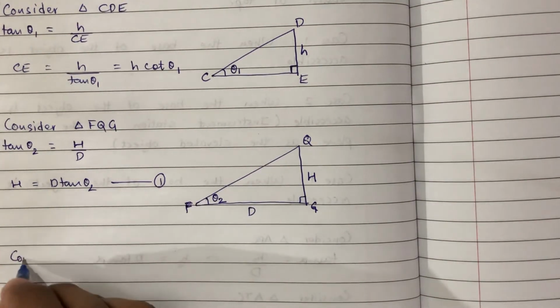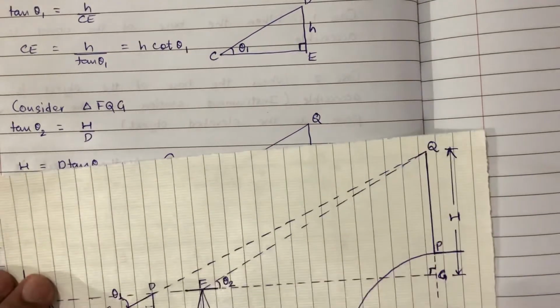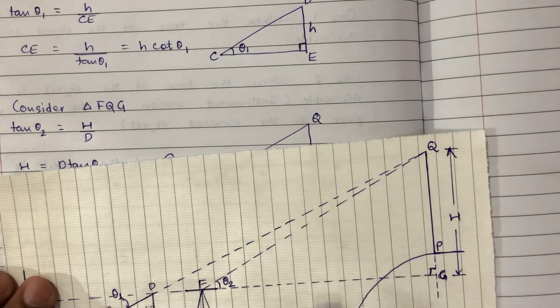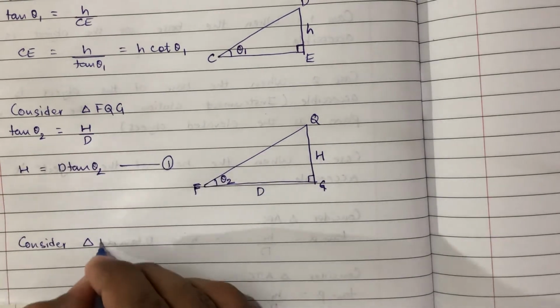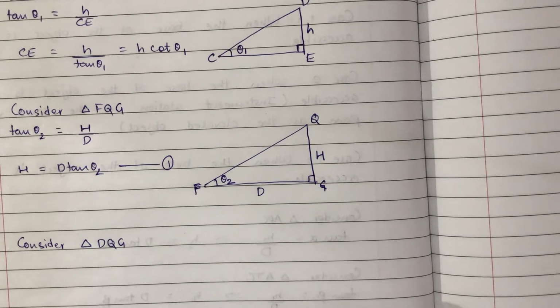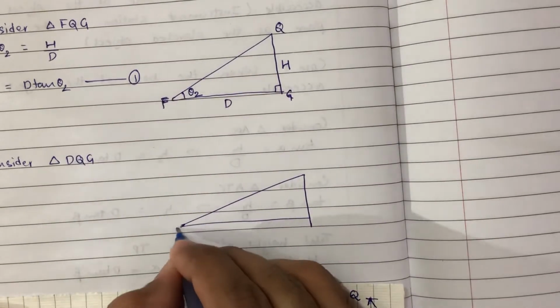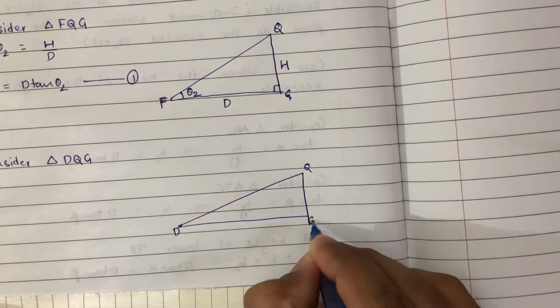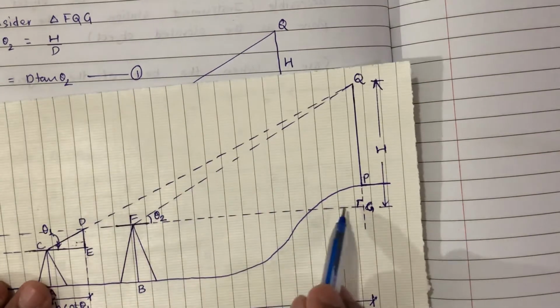Then if we consider this triangle DQG. This is D, Q, and this is G. Here it is at 90 degree.